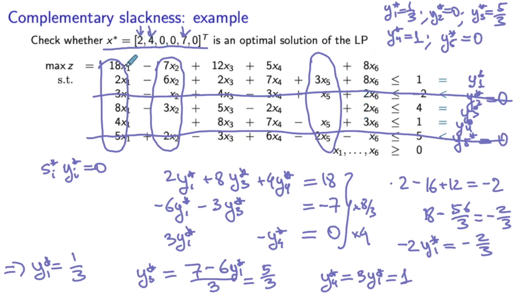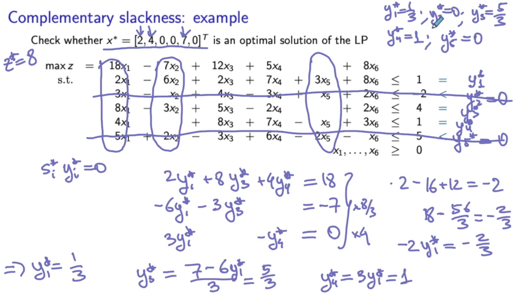Okay, so when we plug in x star in the objective for the primal, we'll obtain 36 minus 28 is 8, and then plus 0 is 0. So the optimal objective, or what we claim is optimal z star, is 8.